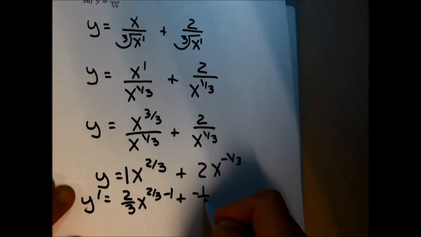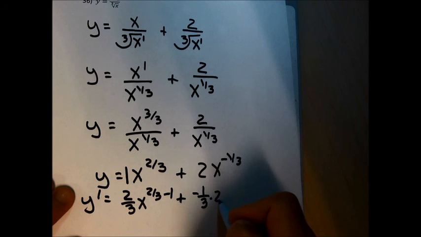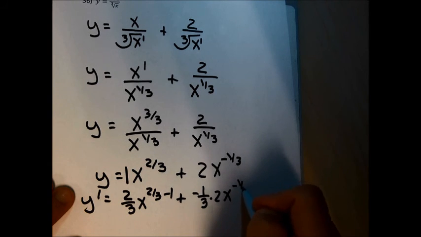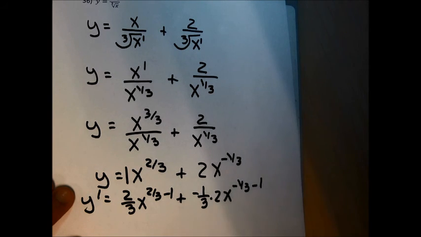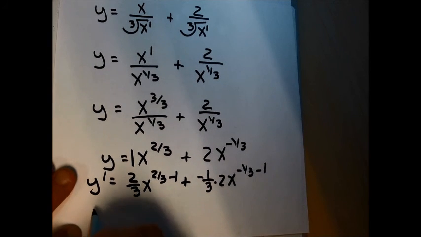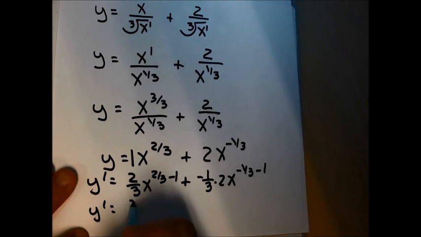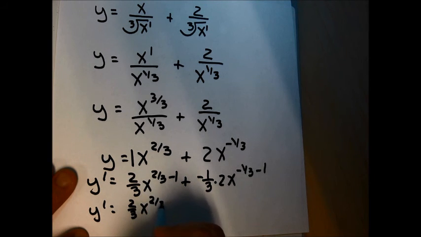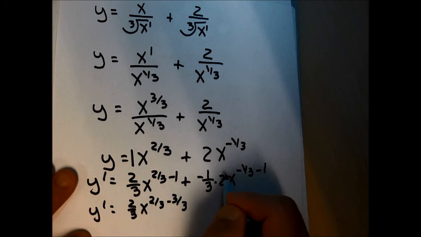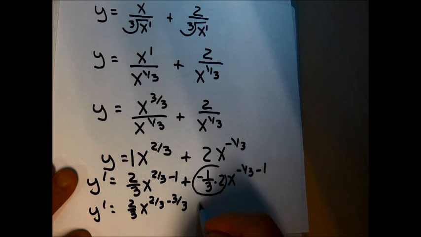Plus negative 1/3 times 2 x to the negative 1/3 minus 1. So that's going to be y prime equals 2/3 x to the 2/3 minus 3/3, 1 can be written as 3/3. And then this piece right here is going to be minus 2/3.